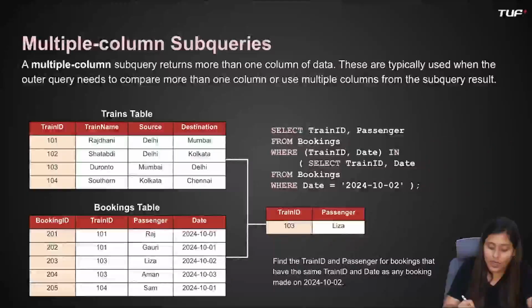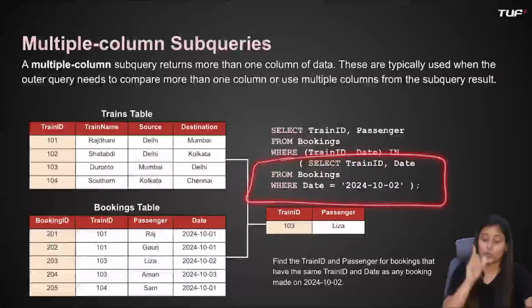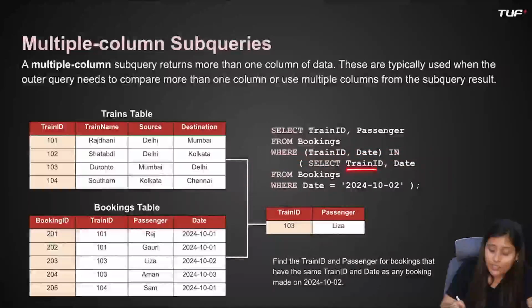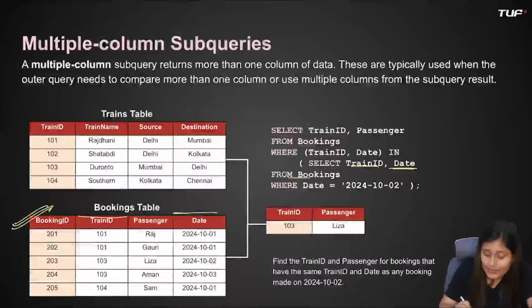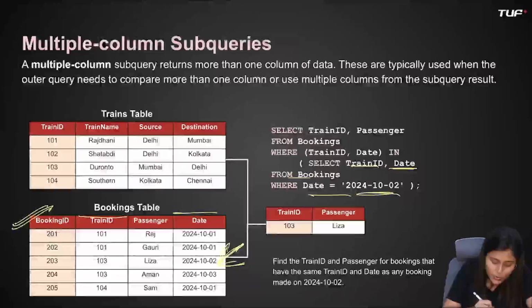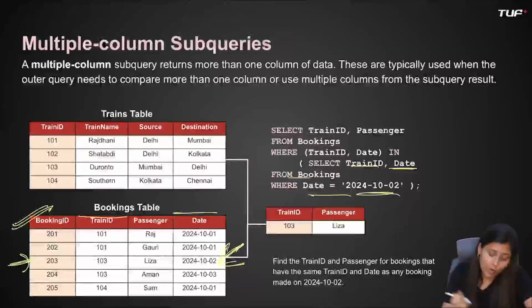So what does the inner query, the subquery, say? The inner query says we want to select those train IDs and dates from the bookings table, where the date is 2nd of October. So we will see 2nd of October is only for this case, which is booking ID 203, right? But what do we want to select from this row?